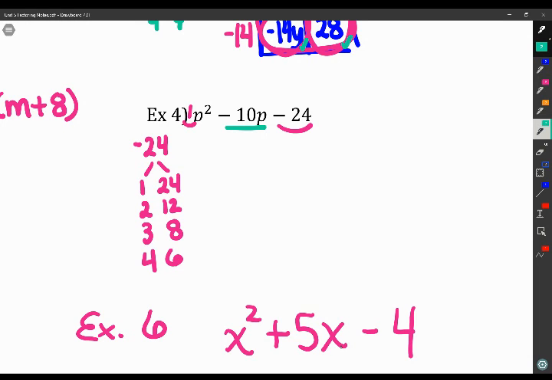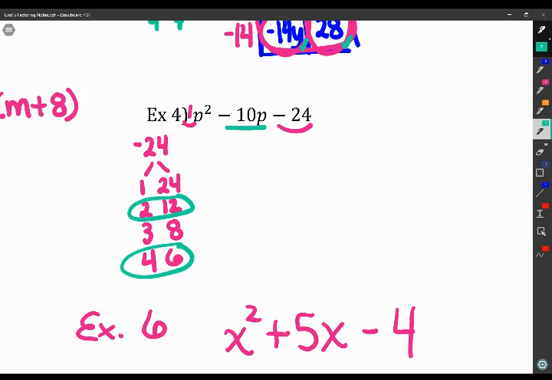So 1 and 24 is 25. 24 subtract 1 is 23. Didn't work. 2 plus 12 is 14, but 12 subtract 2 or 2 subtract 12 gives me 10. That might work. 3 and 8 is 11, or 8 subtract 3 is 5. 4 plus 6 is 10, which I want, and 6 minus 4 is 2.